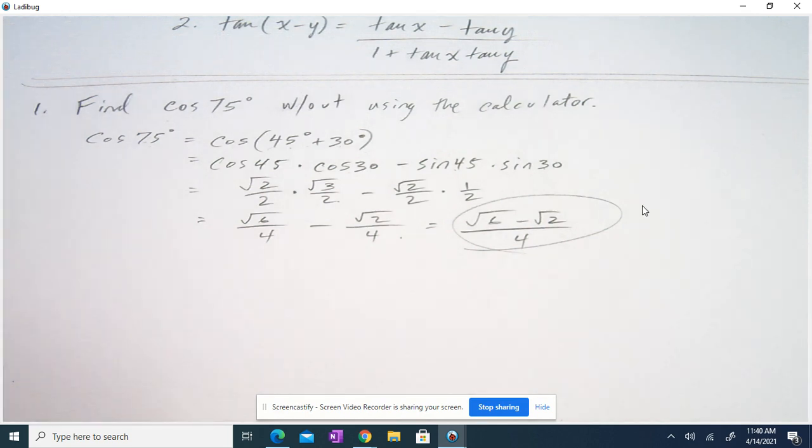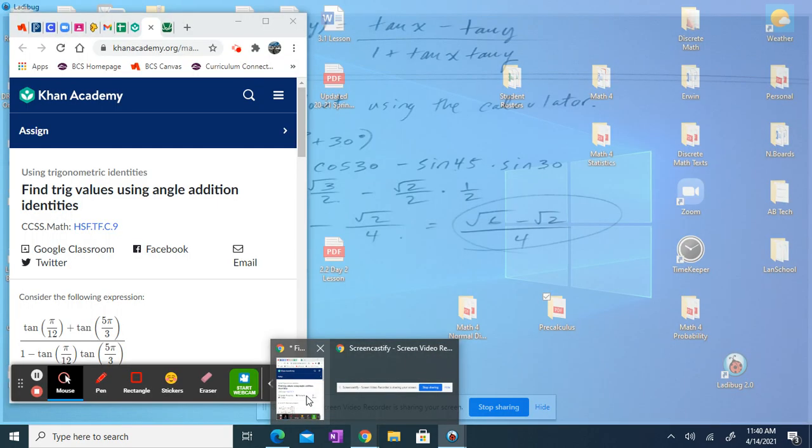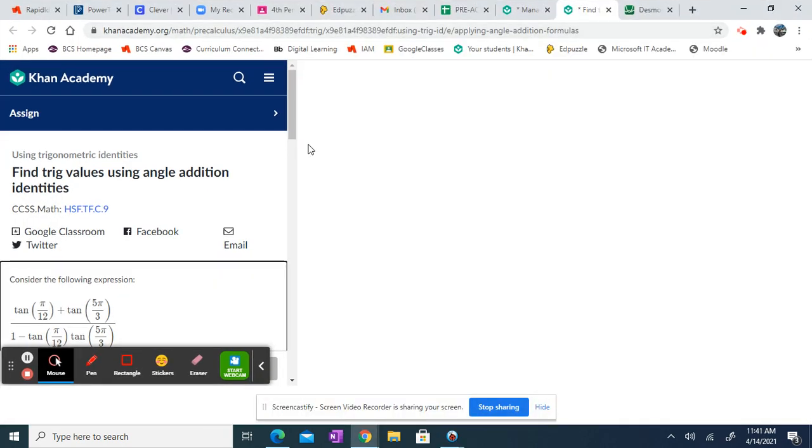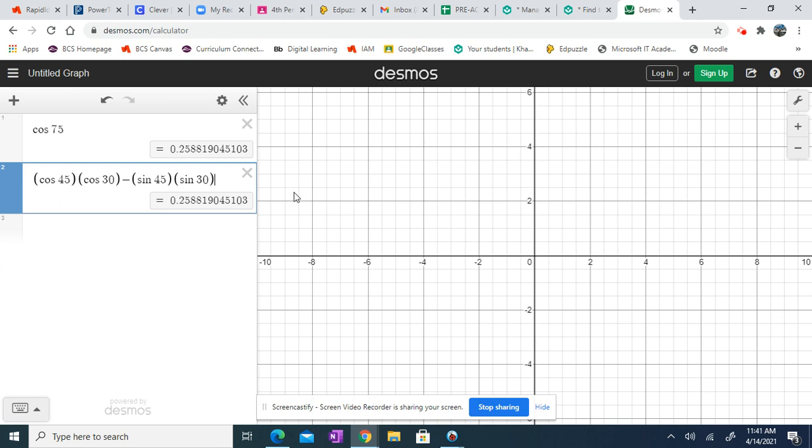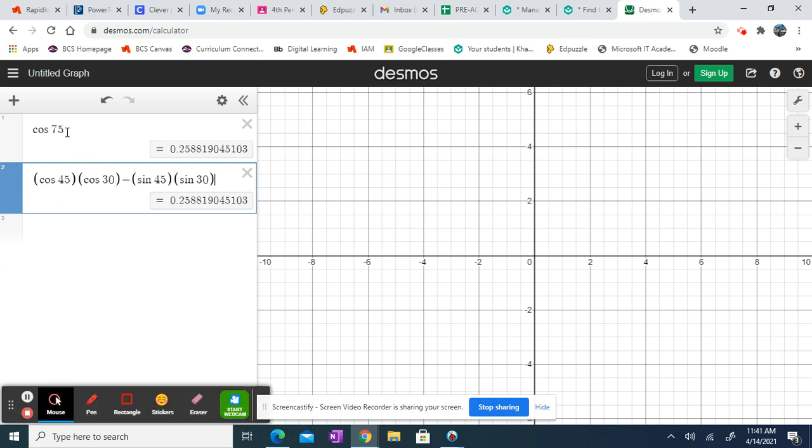Let me give you an illustration of how this works in Desmos real quick. I've already got it in here. When I put the cosine of 75 degrees in here, it comes out to be 0.2588. When I break it into pieces using the same formula I just used, cosine of 45 times cosine of 30 minus sine of 45 times sine of 30, you see I get the same answer.